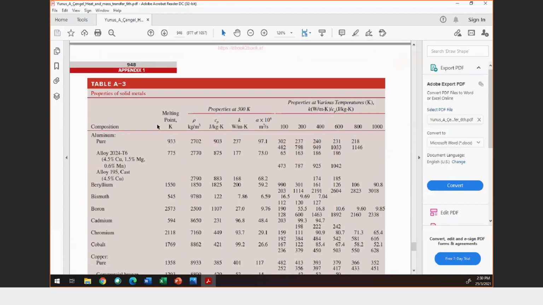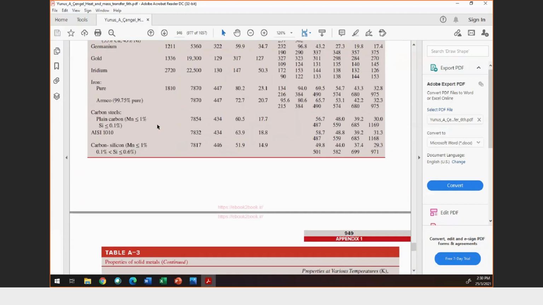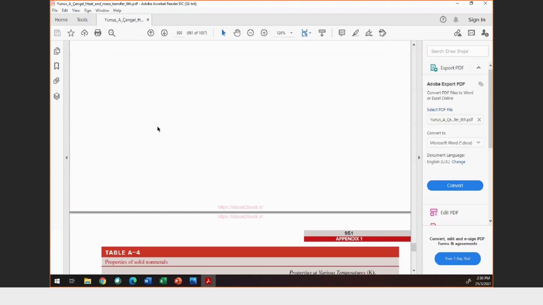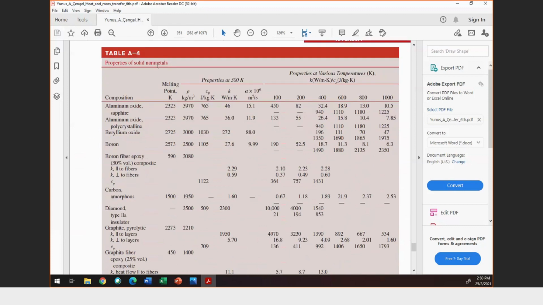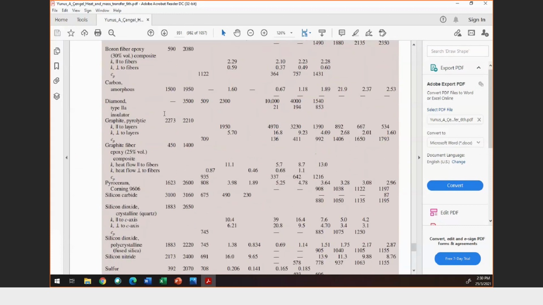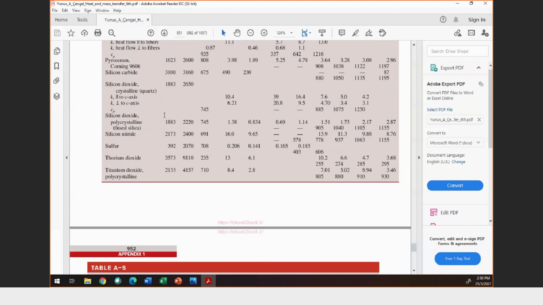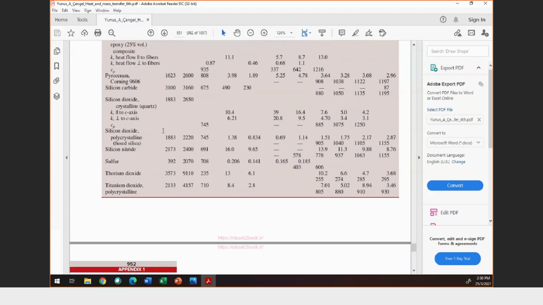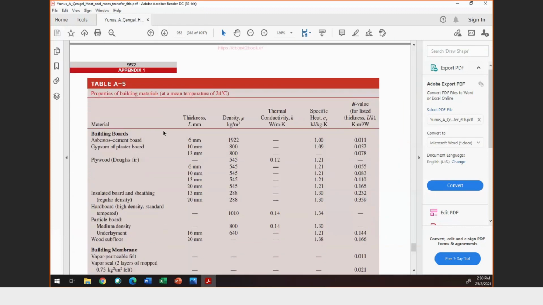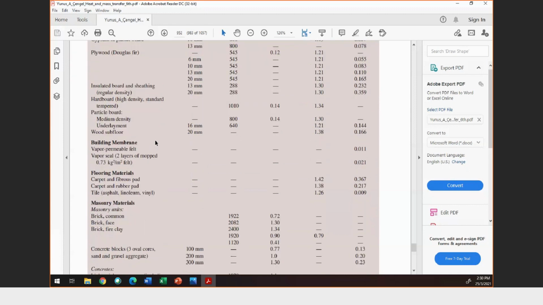Solid metals, we need to find non-metals, because rubber is considered non-metal. So this one, solid non-metal. We have the rubber here. Okay, seems that we don't have rubber. Pyroceramic, wood, hardboard, plywood, masonry.